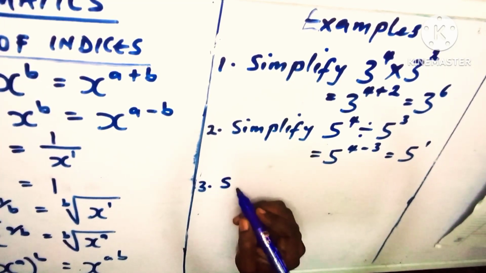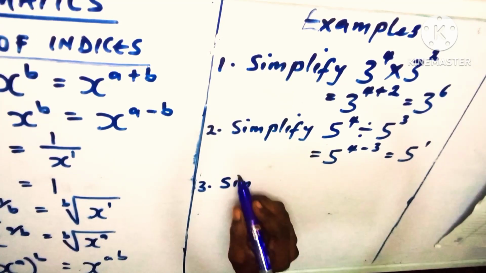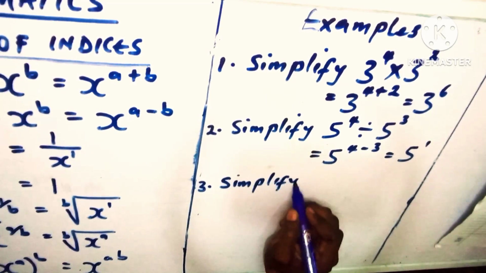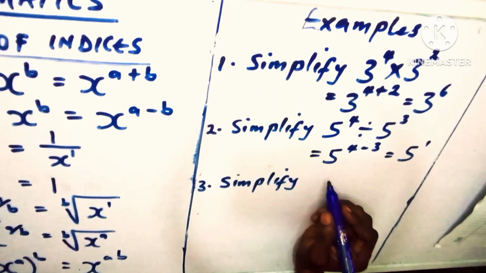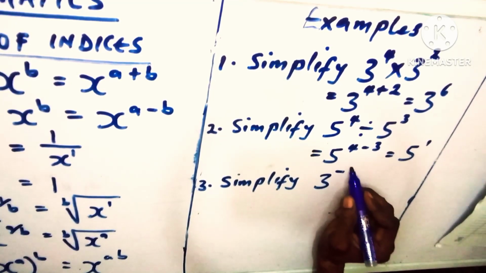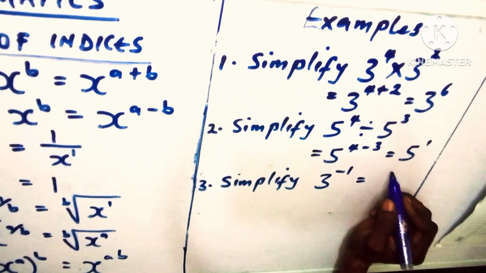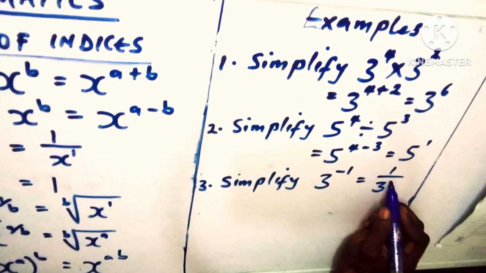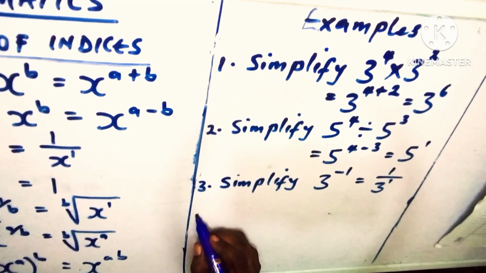Example 3. Simplify. 3^(-1) is equal to 1 over 3^1.